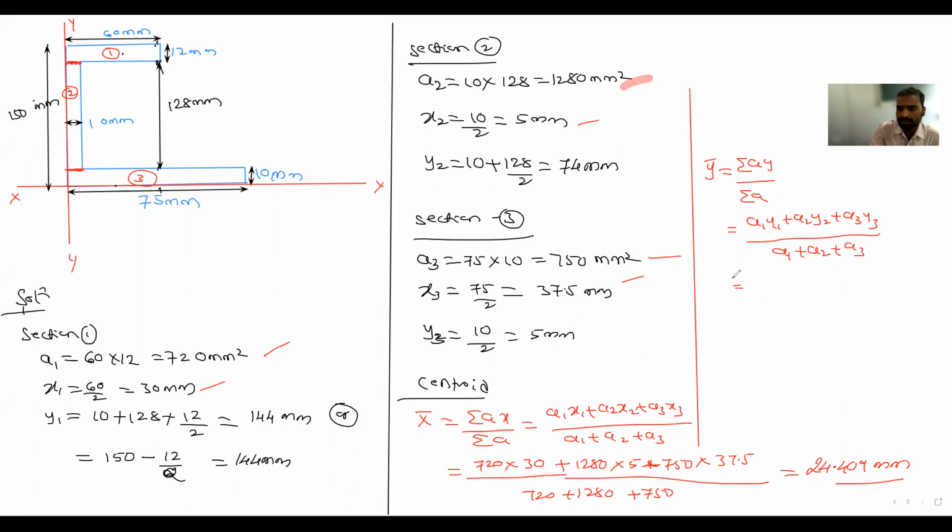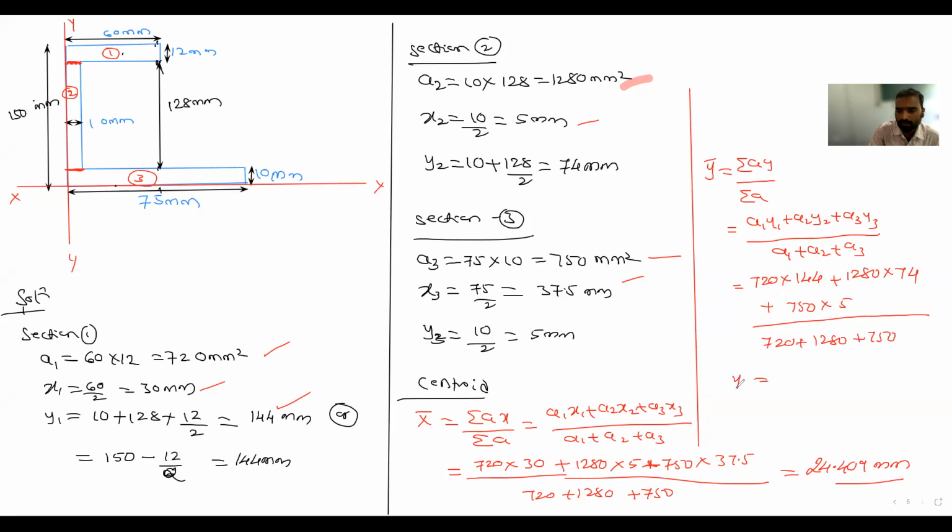Okay. So A1 is 720, into Y1, which is 144, plus A2, 1280, into Y2, which is 74, plus A3, 750, into Y3, which is 5, divided by the total 720 plus 1280 plus 750.